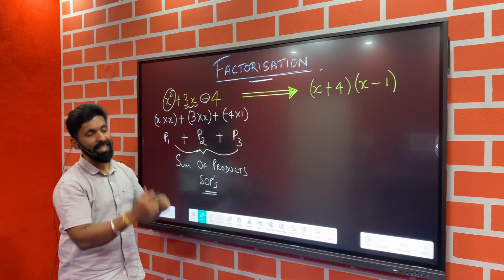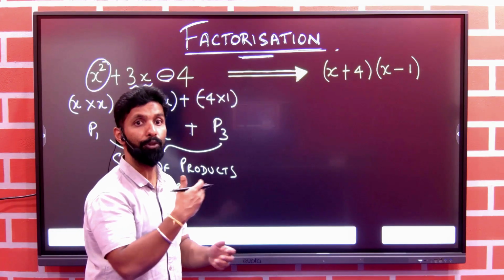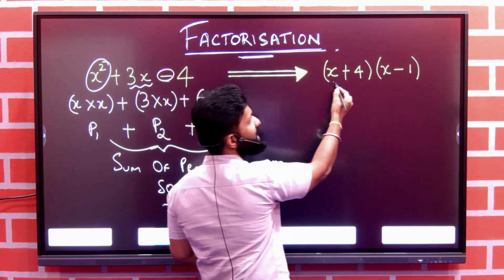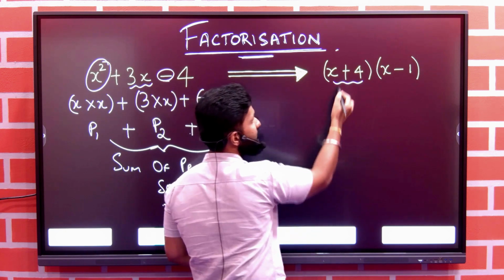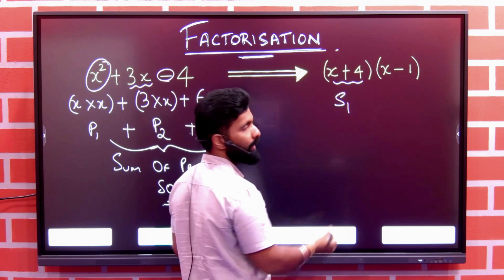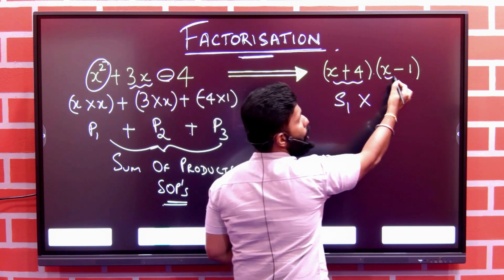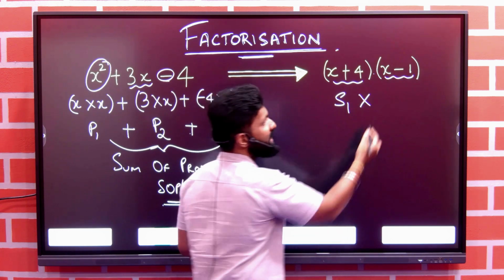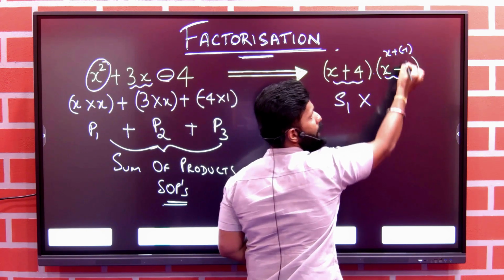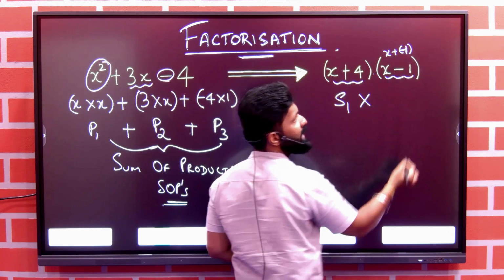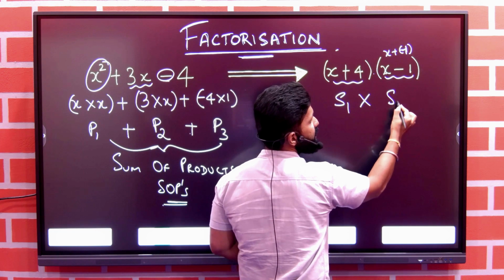Now let's take a look at the right hand side, whatever is the answer side, whatever we are supposed to arrive at. This is addition. As I told you, the other word used for addition is sum. So I can call this the first sum. When there is no sign in between, it is multiplication. I can call this another sum, understanding that this x minus 1 can also be written as plus of minus 1. So I can call this another sum.